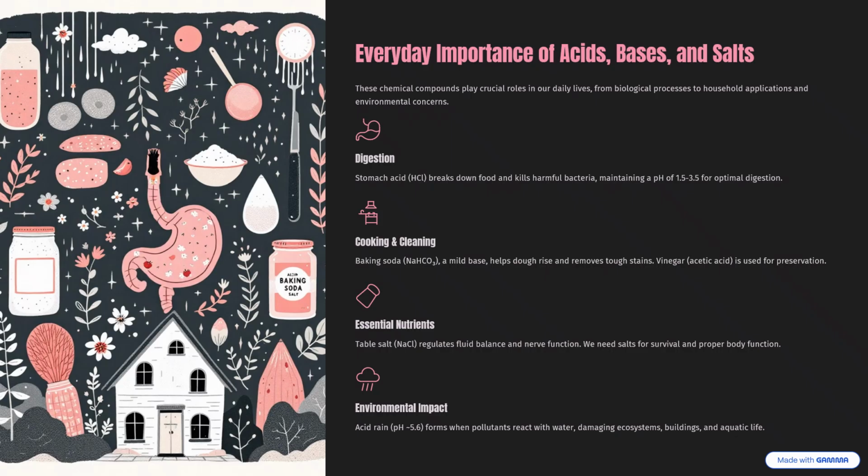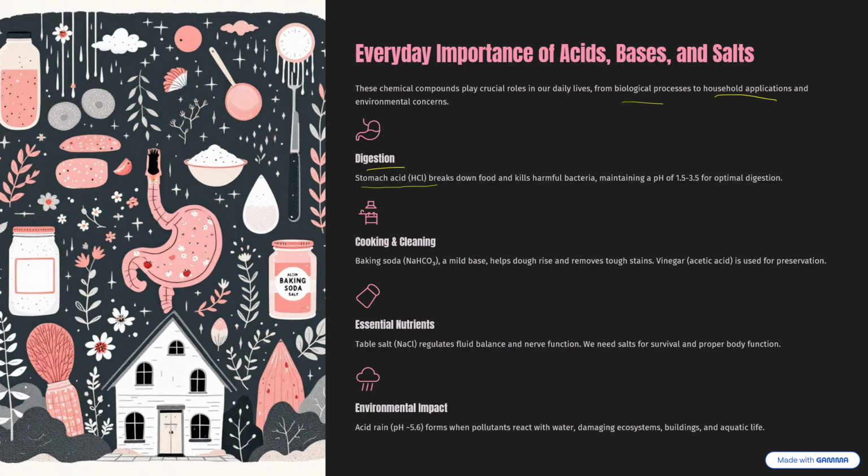Everyday importance of acid, base, and salt. These chemical compounds play a crucial role in our daily life, from biological processes to household applications, that is, inside us to outside us, and environmental concerns, our surroundings. First comes the biological process, digestion.